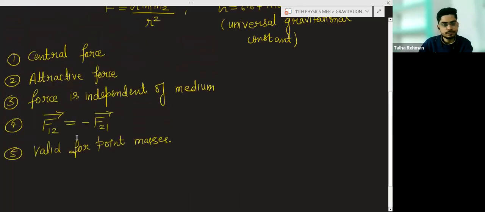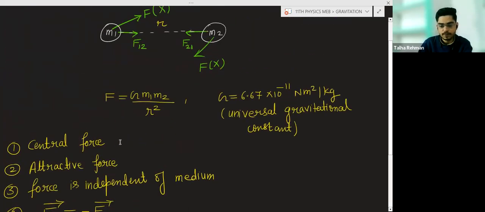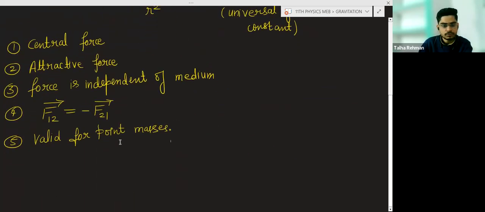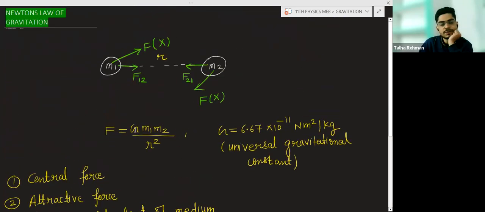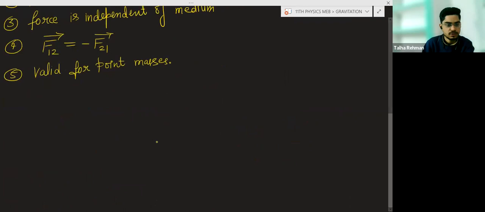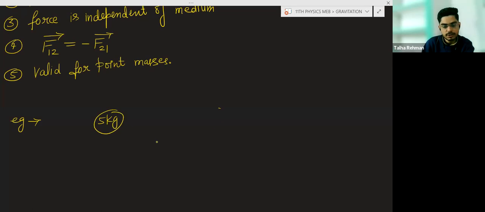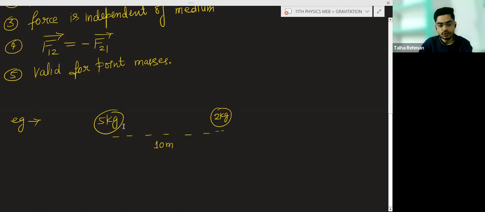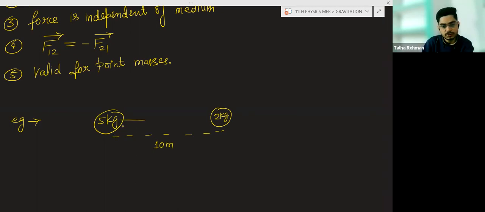So these are the points. F is equal to G m1 m2 divided by R square, you have to remember this. For example, suppose here is a mass of 5 kg and here is a mass of 2 kg, separated by a distance of 10 meter, and you have to find the gravitational force of attraction between the two masses.